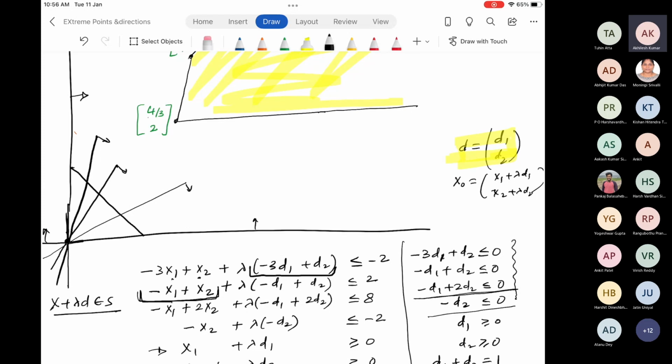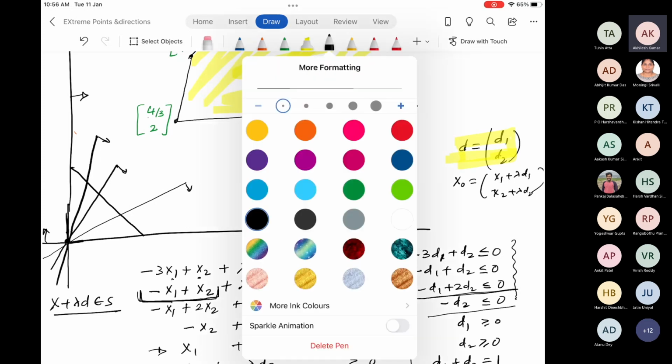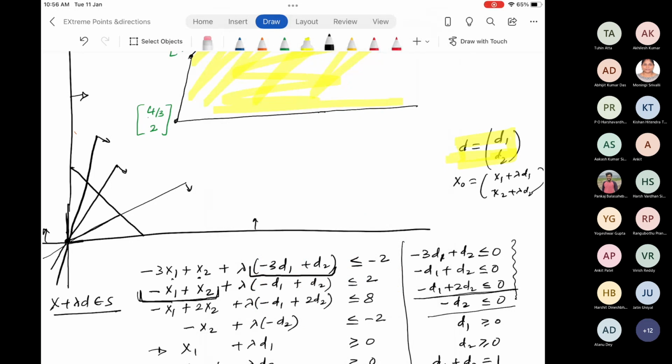Now, if you look at the intersections of all this, what you will find is d1 equals 2 by 3 and 1 by 3, normalized, and d2 equals 1 and 0. So these are the two extreme directions possible.